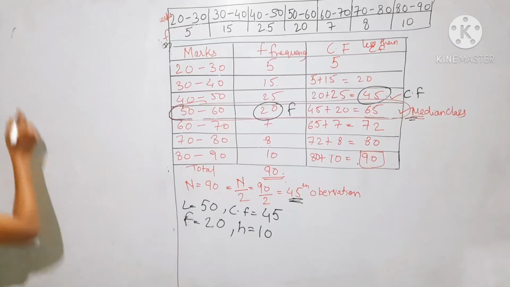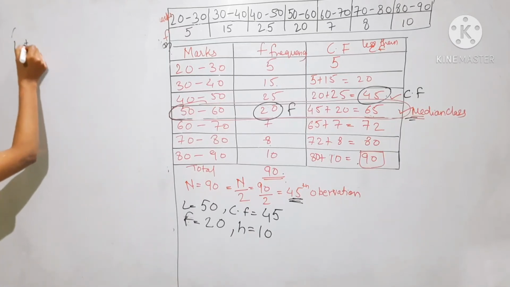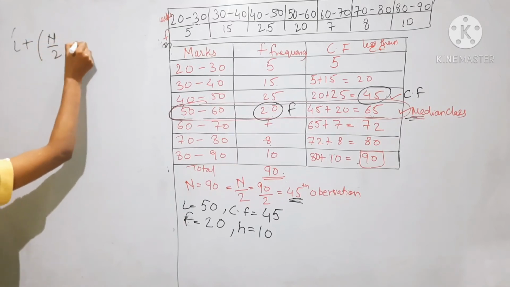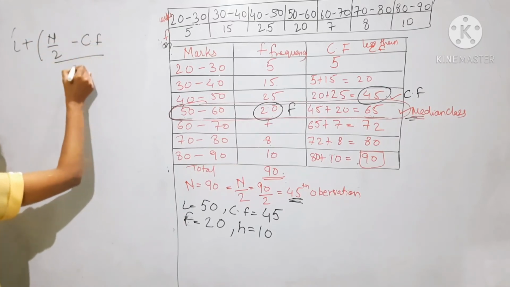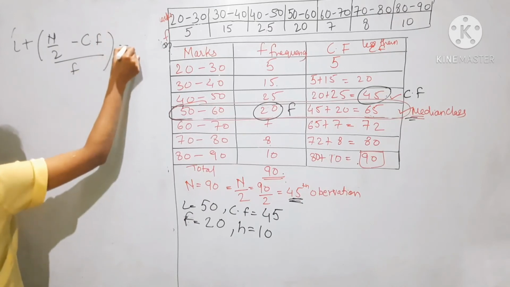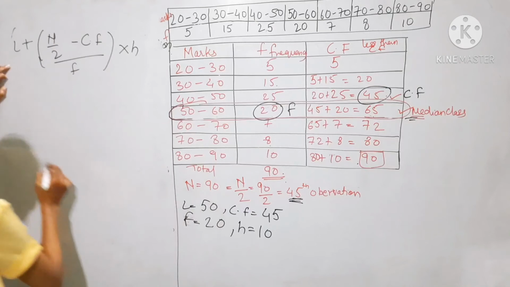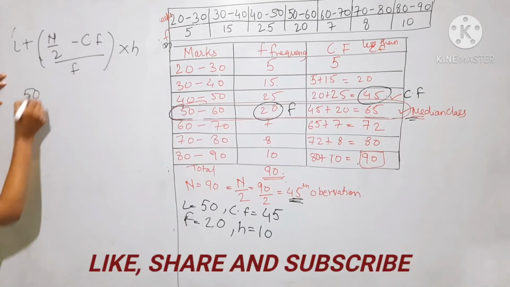Okay, now write down the formula: L plus n upon 2 minus CF divided by F, into H. Now we have noted down all the values here, so put the values as per the formula.